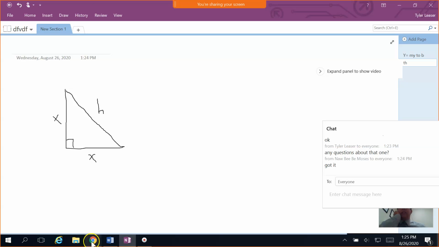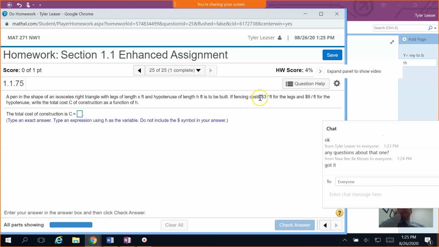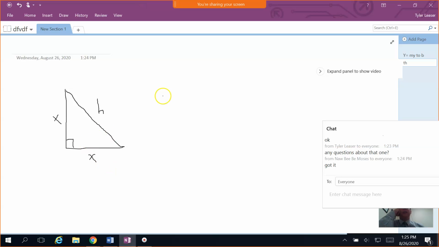Okay, and then let's see what it says. If fencing is $3 per foot for the legs and $9 per foot for the hypotenuse, write the total cost of construction. So if it's $3 per foot for leg, $9 per foot for hypotenuse.